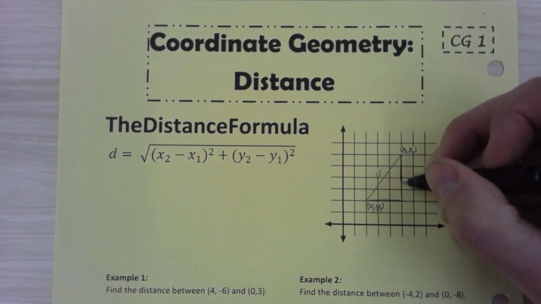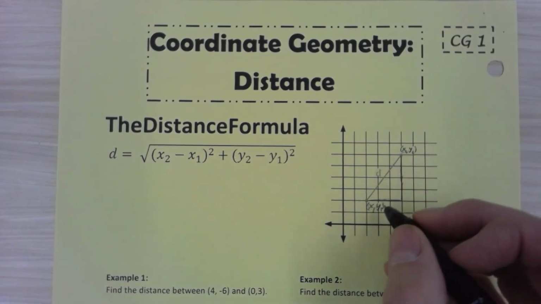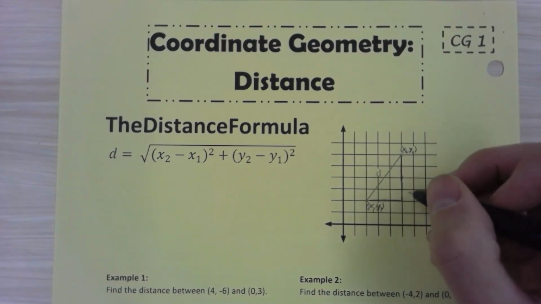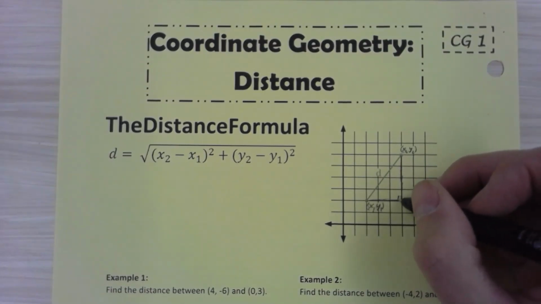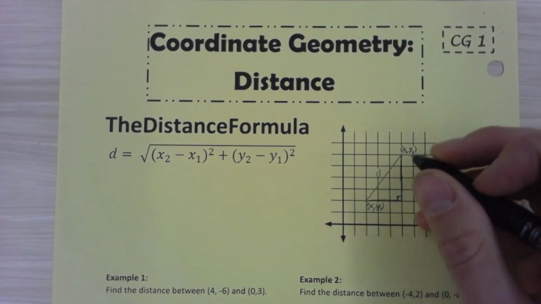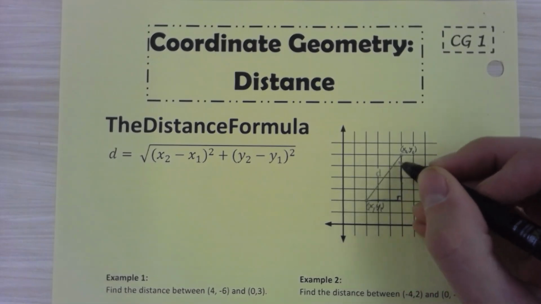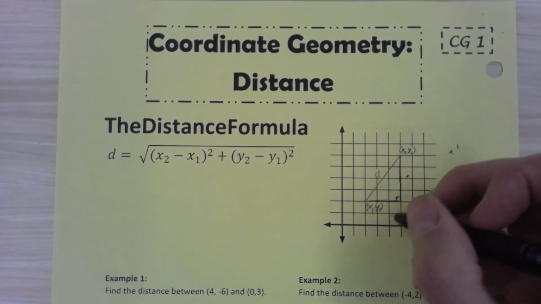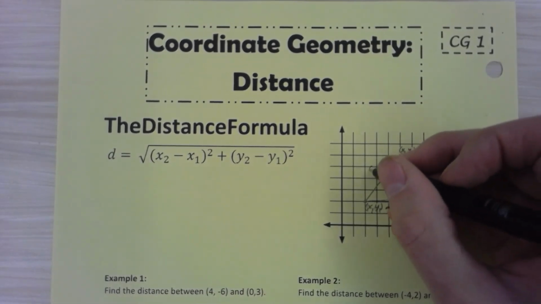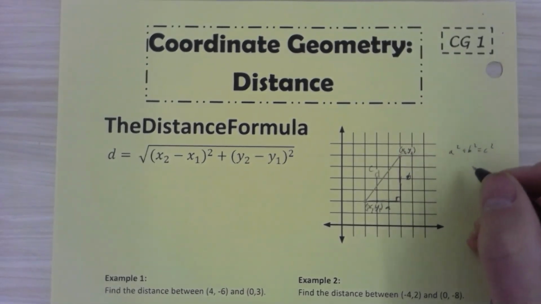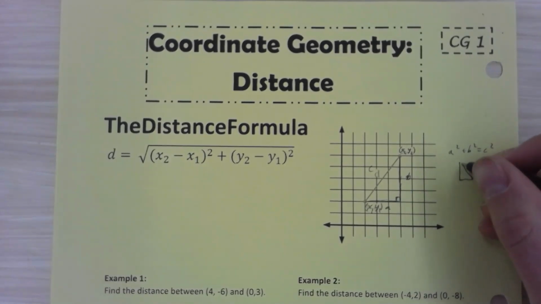If we think of the horizontal distance as the difference between our x's, and the vertical distance as the difference in our y's, the relationship between these three side lengths, the two legs of this right triangle and that diagonal hypotenuse, if I label this a, this one b, and this one c, is a squared plus b squared equals c squared. This is the Pythagorean theorem for right triangles.